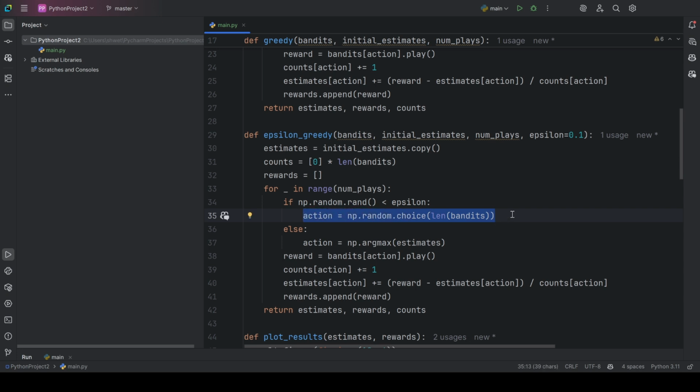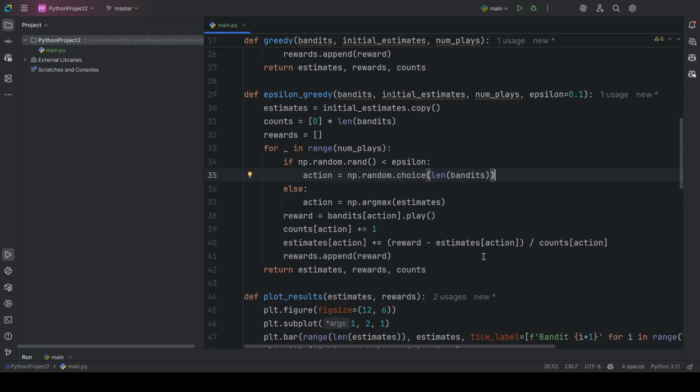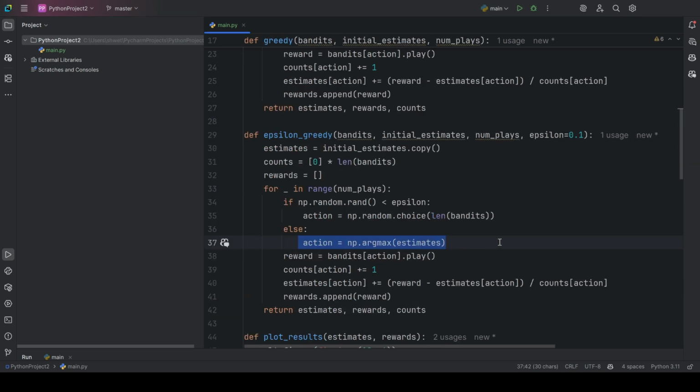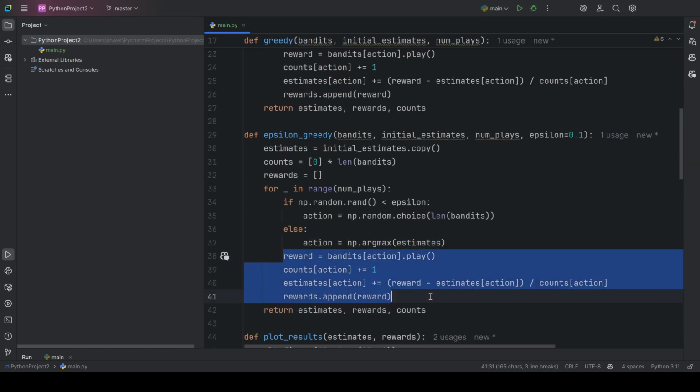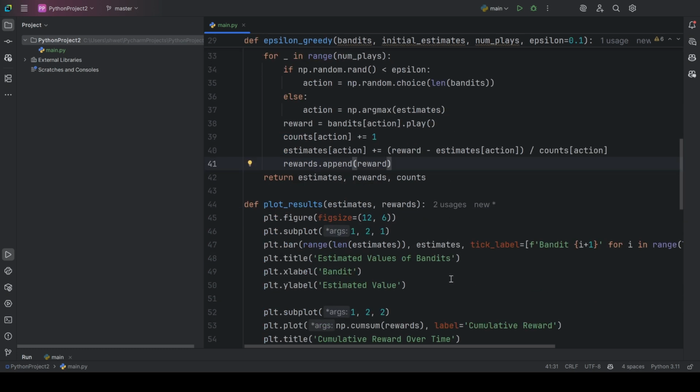So we choose a bandit randomly using np.random.choice. And otherwise, we pick the best action using argmax. And then we do the same thing, action according to our estimates, and then we do the same thing as we did in the case of greedy.